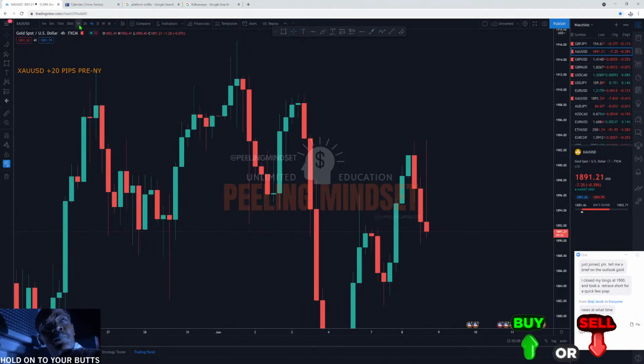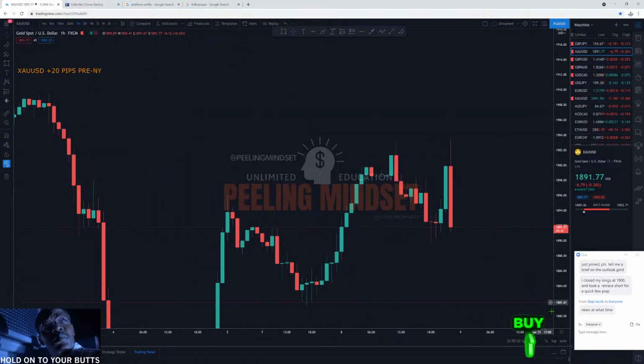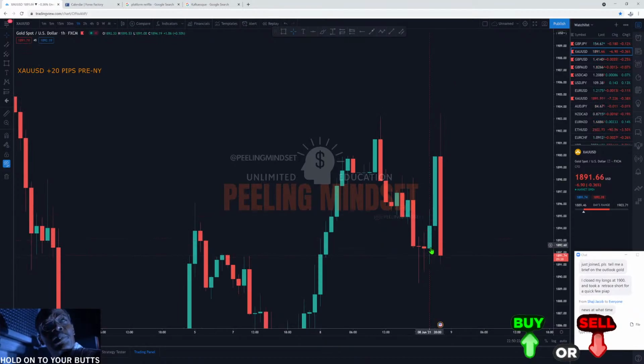We will see how the 4-hour candle is going to finish here. The 4-hour candle has flipped bearish, which is actually very fascinating for me, to be honest. I was not expecting the price to dip down that hard.